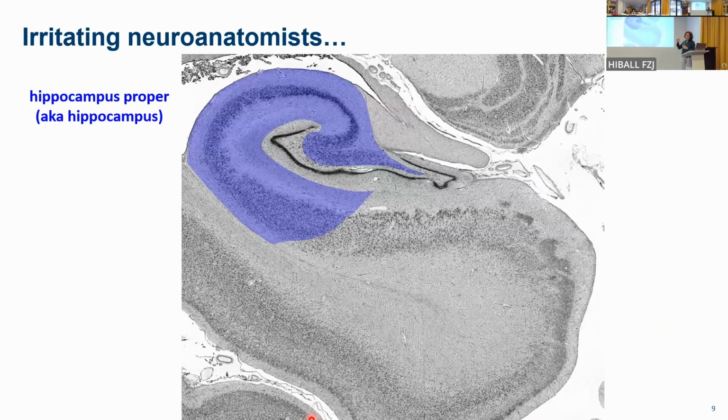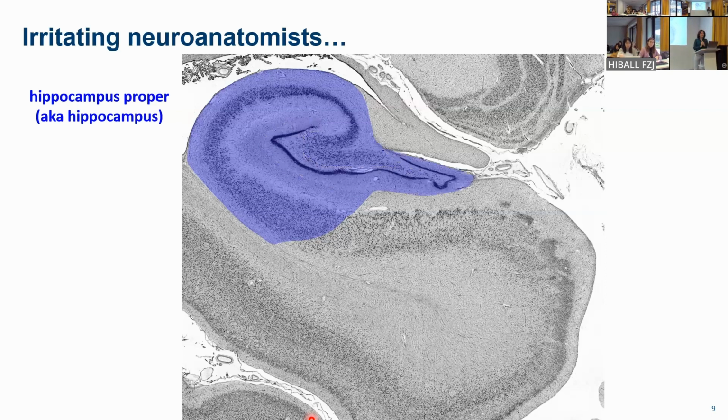So when we use the word hippocampus or hippocampus proper, some anatomists mean the part that is highlighted by this blue surface, whereas other anatomists are designating this here.